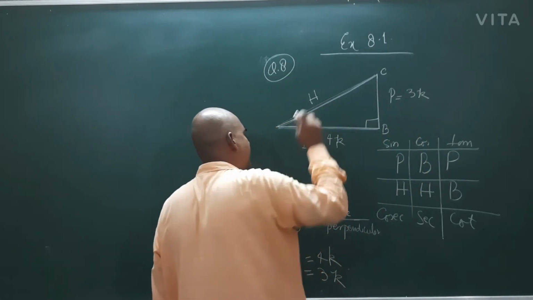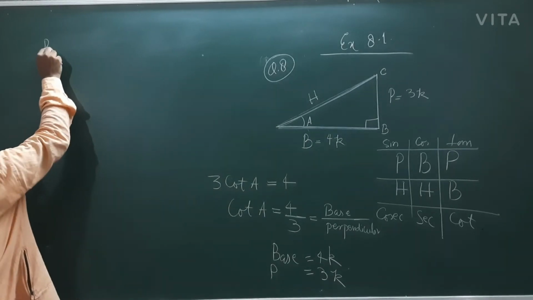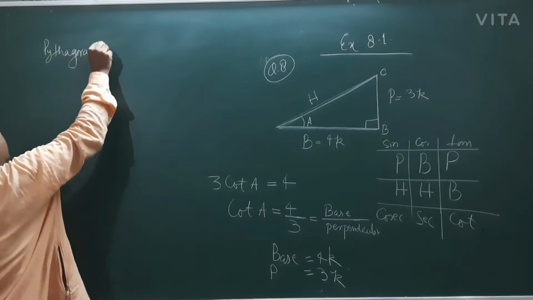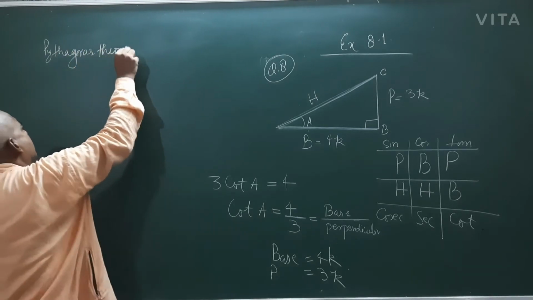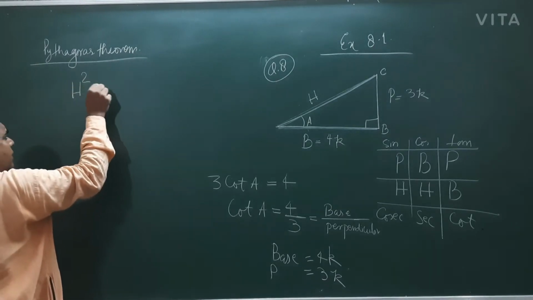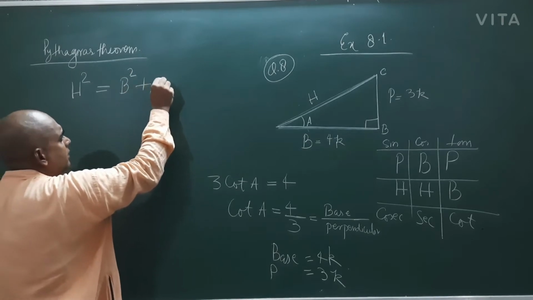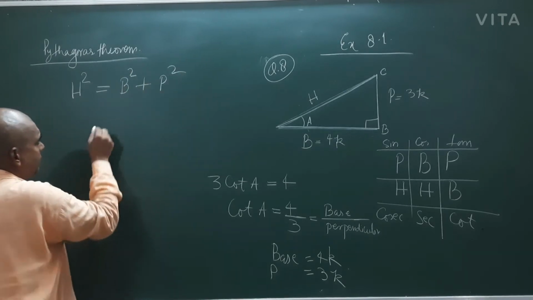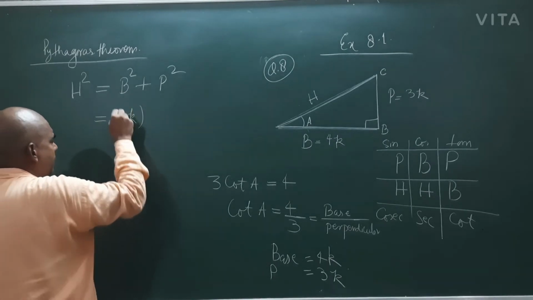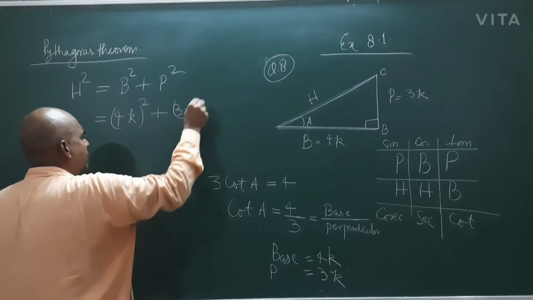So what about the hypotenuse? Apply Pythagoras theorem. Hypotenuse square equals base square plus perpendicular square. Base is 4k square plus 3k square.